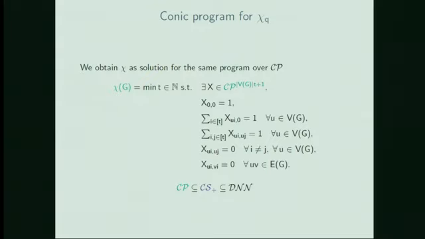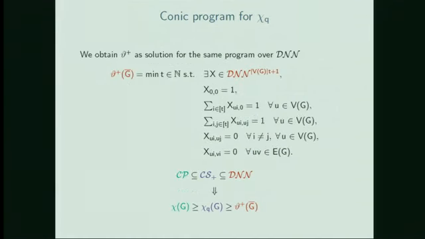It was known that the chromatic number can be written as a copositive program, but this is another reformulation. If we optimize over the doubly non-negative cone, we get exactly the theta-plus formulation of Szegedy. Just because of the inclusion of the cones, we directly get these bounds, which are the best known bounds on this parameter.